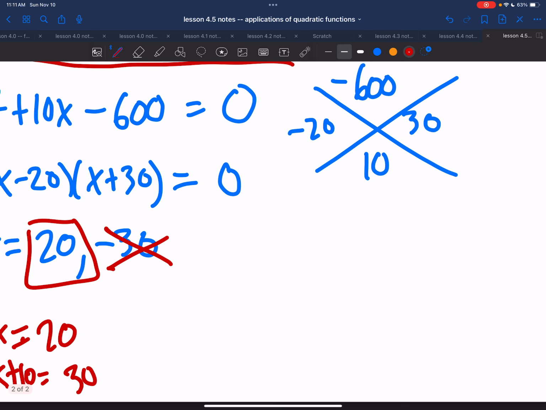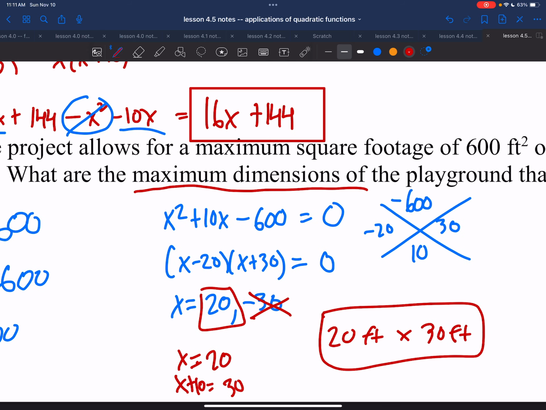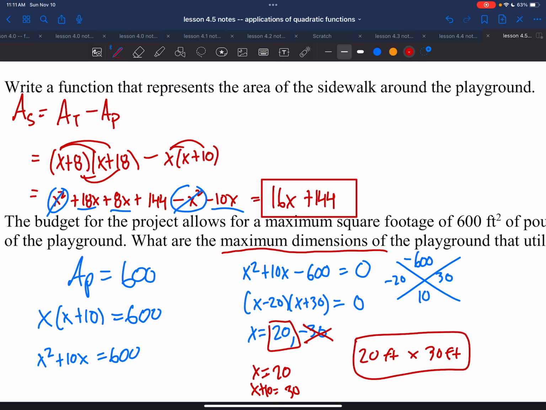So the dimensions need to be a 20-foot by 30-foot playground. And that answers the question, right? If I had 600 square feet of rubber for the playground, then I would want to build a 20 by 30-foot playground because that would fully utilize that 600 feet.